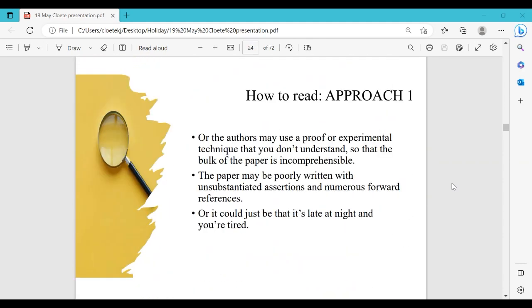Then you can also look at the types of experimental techniques that other authors use, as we already mentioned. Remember, sometimes papers may be very poorly written, and you can start picking this up when you read the paper during the second phase.